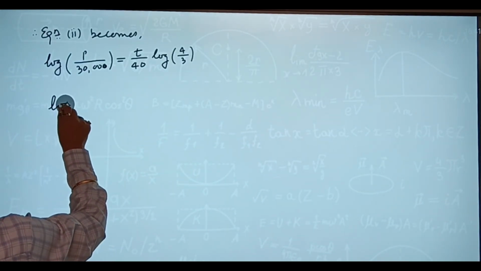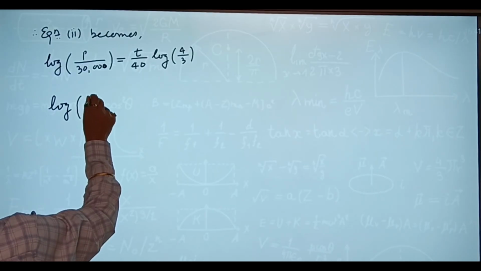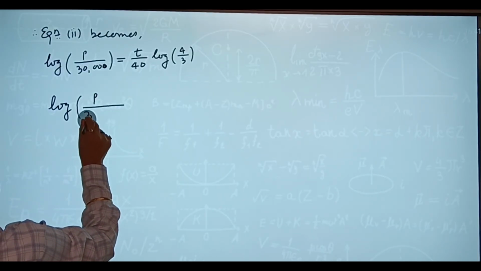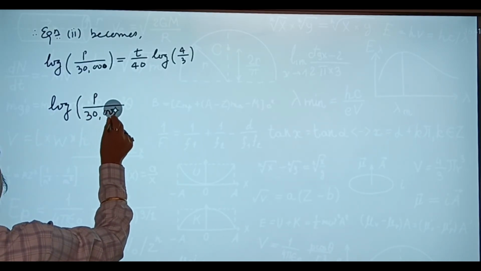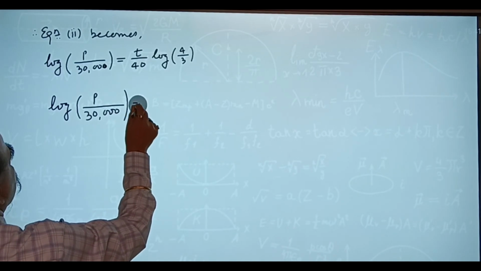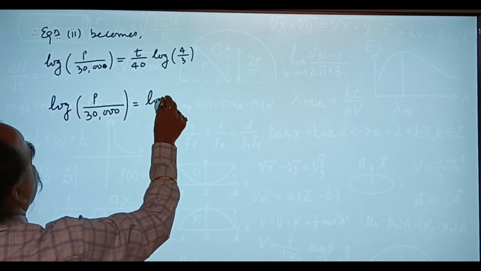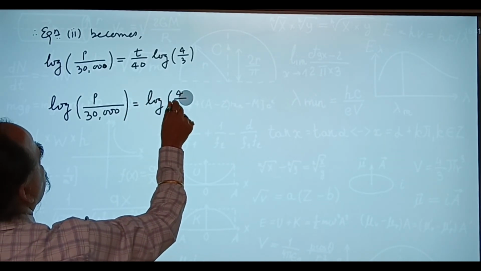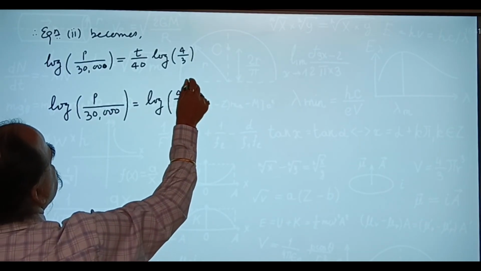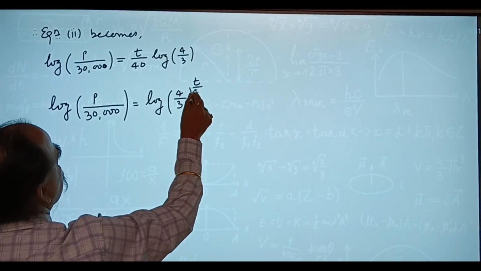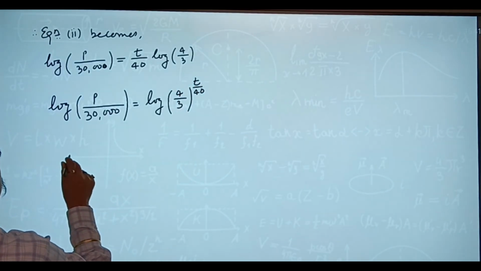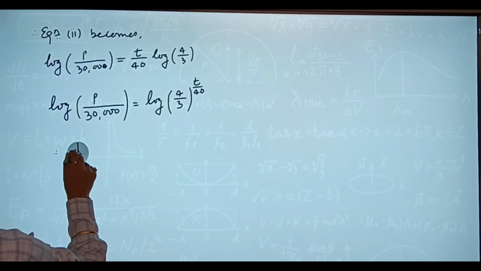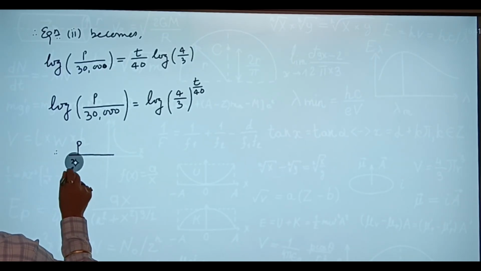So log of P upon 30,000 is log of 4 by 3 raised to T by 40.